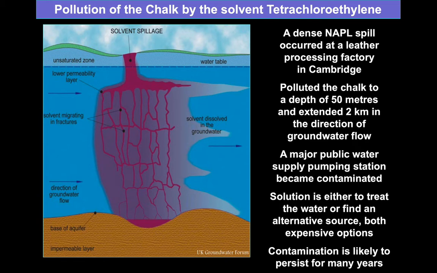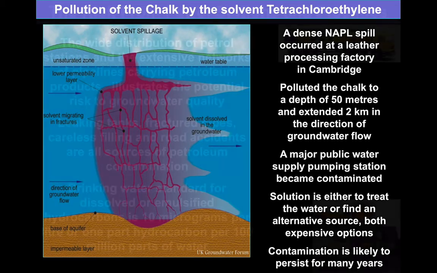So you are then faced with the problem of either the expense of treating the water to remove this solvent, or finding an alternative source of water. Both of these are going to be really expensive. And this type of contamination won't just evaporate away and disappear.